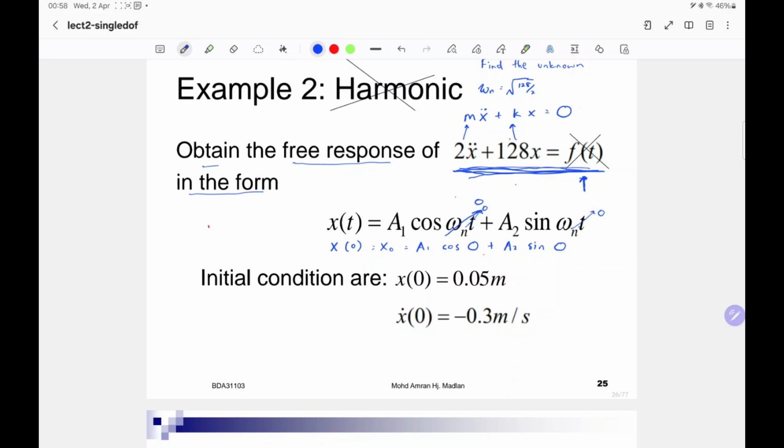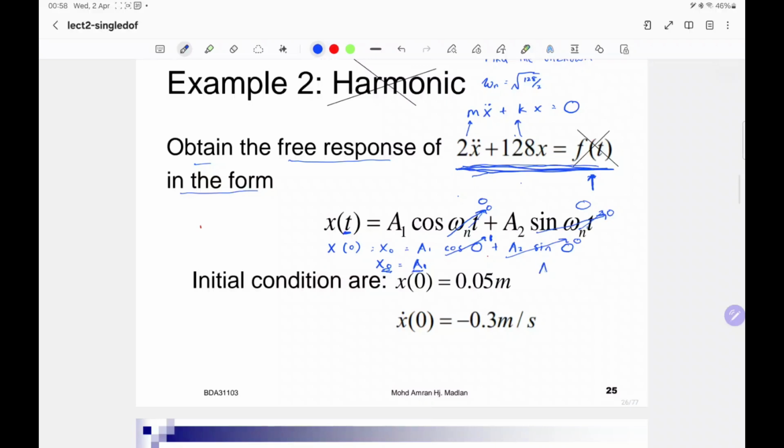Because t is 0, initial condition, this will become 0, therefore x naught is A1, because cos 0 is 1. So we know that A1 is x naught, which is 0.05. That is when we use our first initial condition.